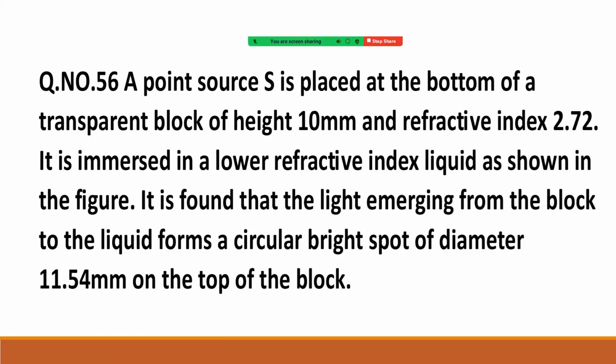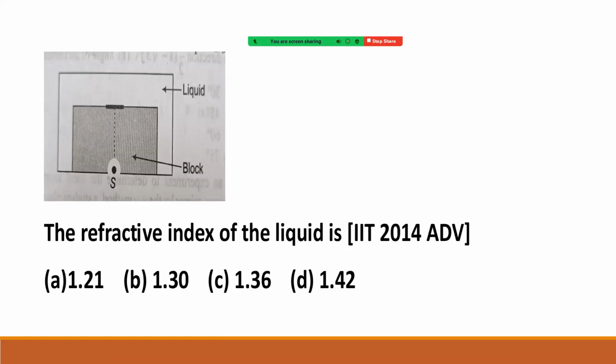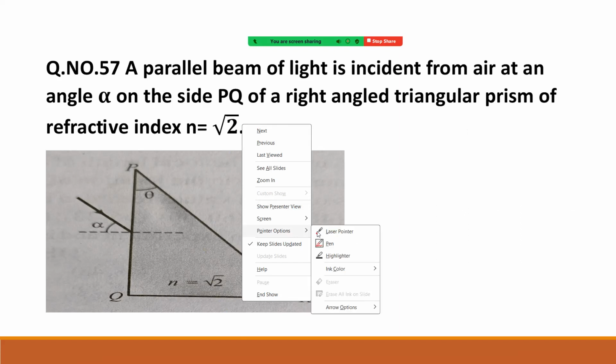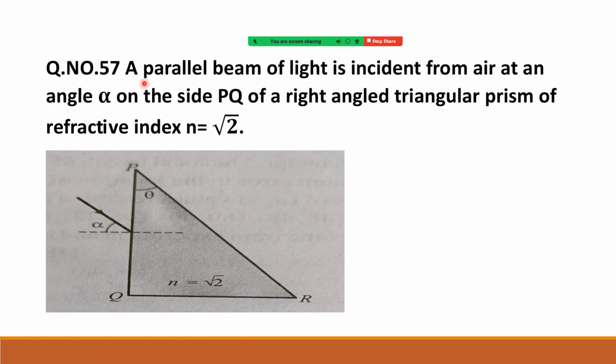Let us see next one. See the question. A parallel beam of light is incident from here at an angle alpha on the side PQ of a right angle triangular prism of refractive index root 2.